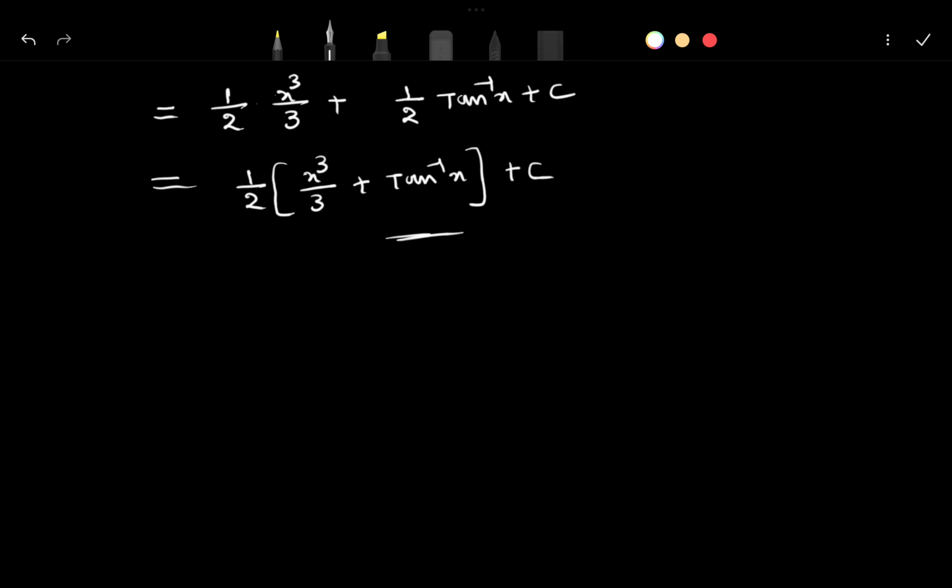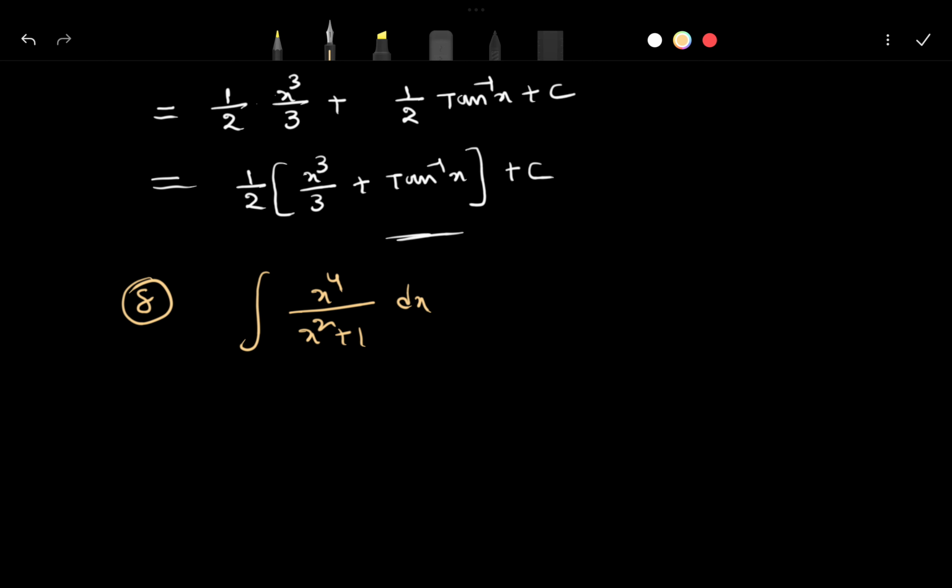Question number 8. What is the eighth question? Integration of x to the power of 4 whole divided by x square plus 1 into dx. All of you, please observe the given expression. Is this a proper fraction or an improper fraction? Very clearly it is an improper fraction, because the degree of the numerator is greater than the degree of the denominator.